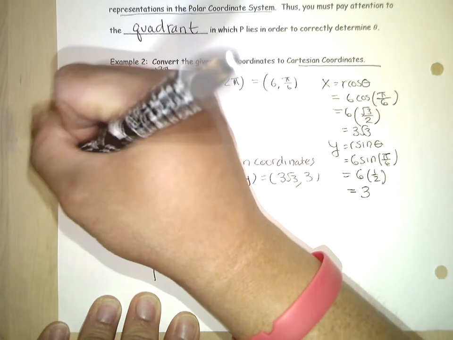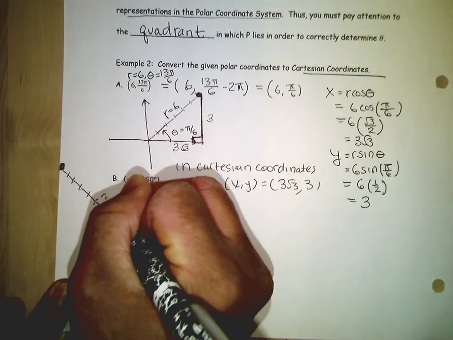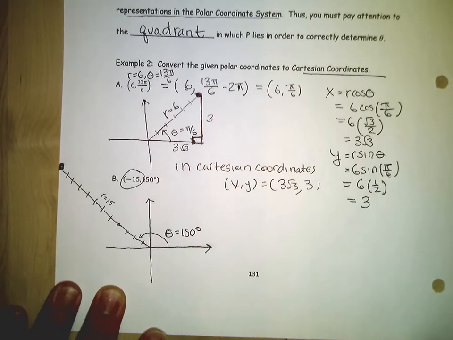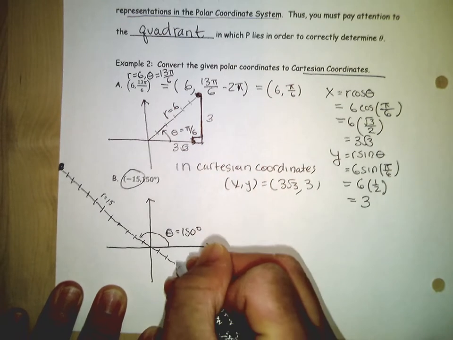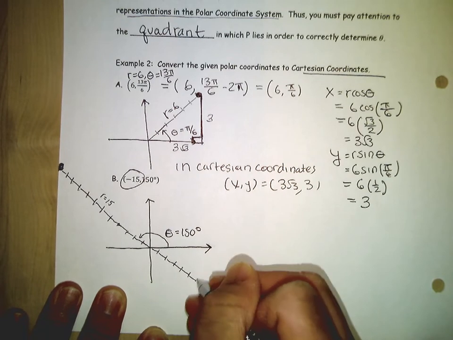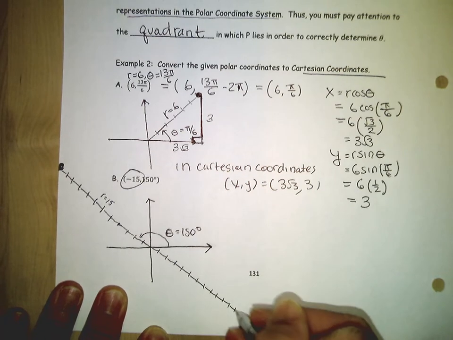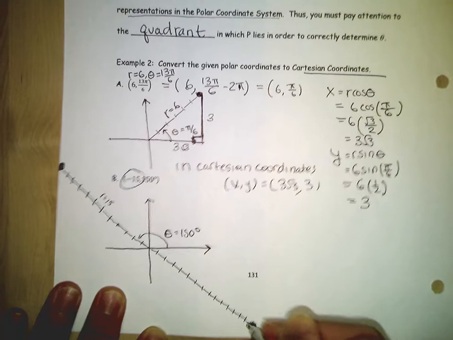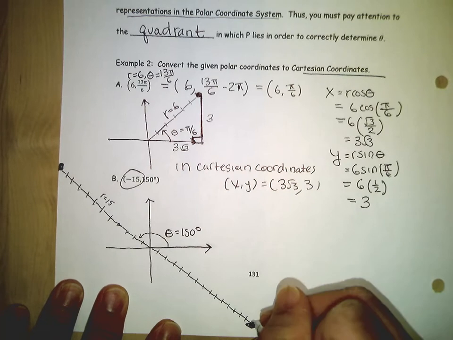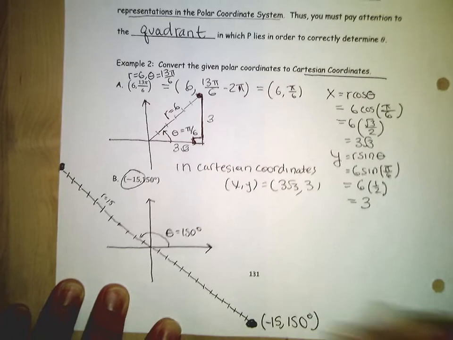So it's over here somewhere, but this is r is 15, and we want it negative 15. So the point is actually over here, 1, 2, 3, up to 15. So here is the point over here, again negative 15, 150 degrees.